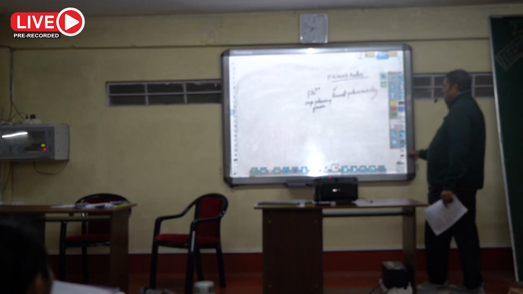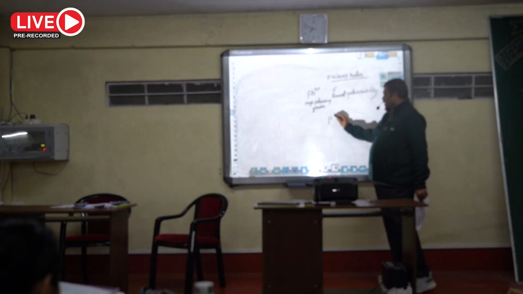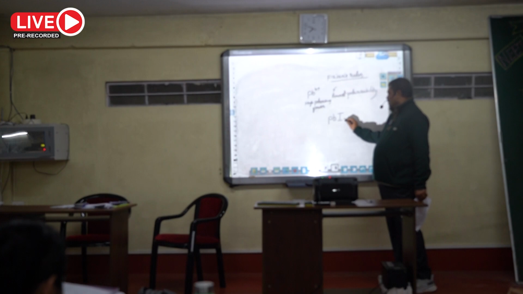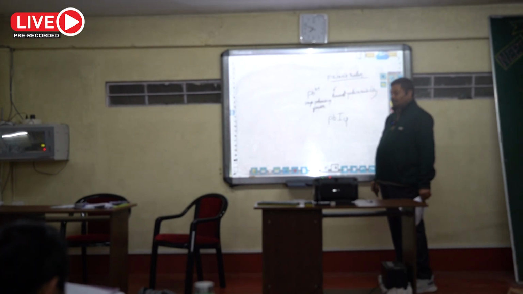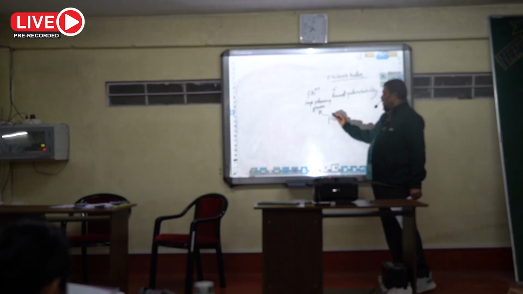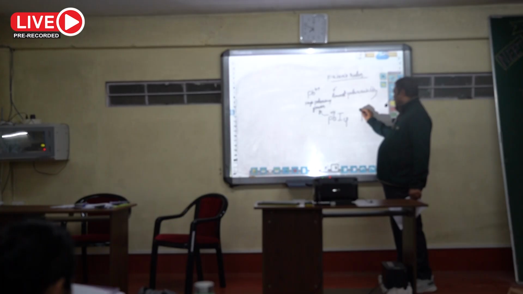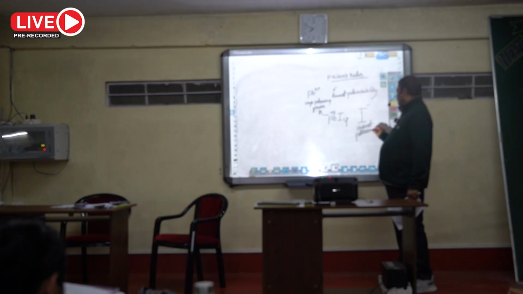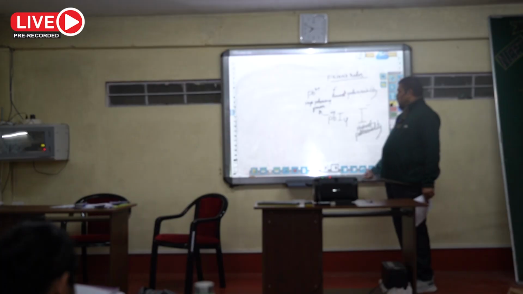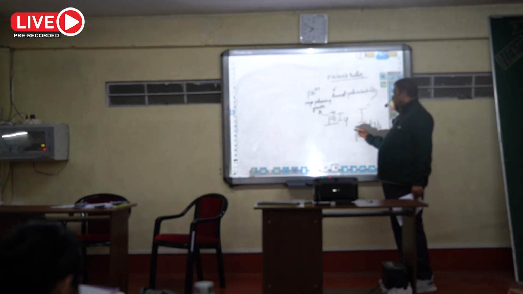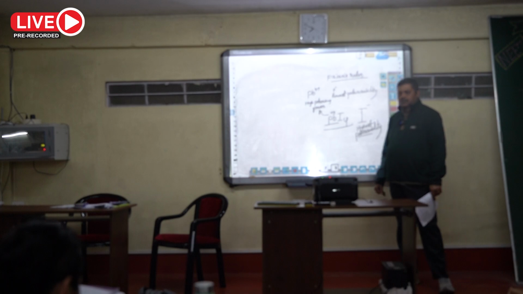Because in PbI4, Pb has high polarizing power in the +4 state. I minus is a very big anion with the highest polarizability. Since both are high, this is predominantly covalent.